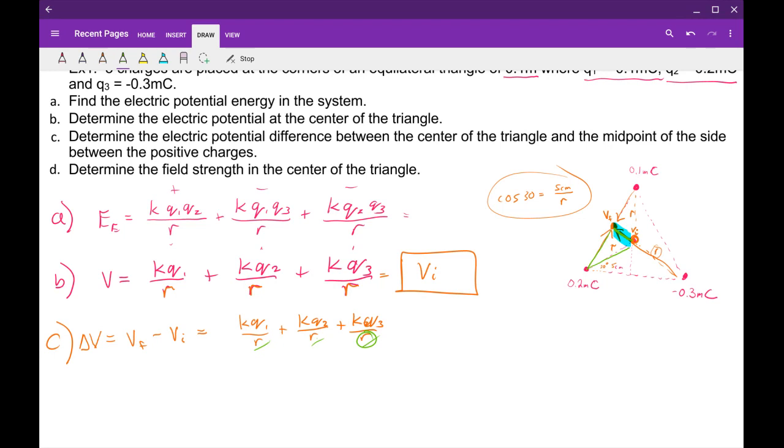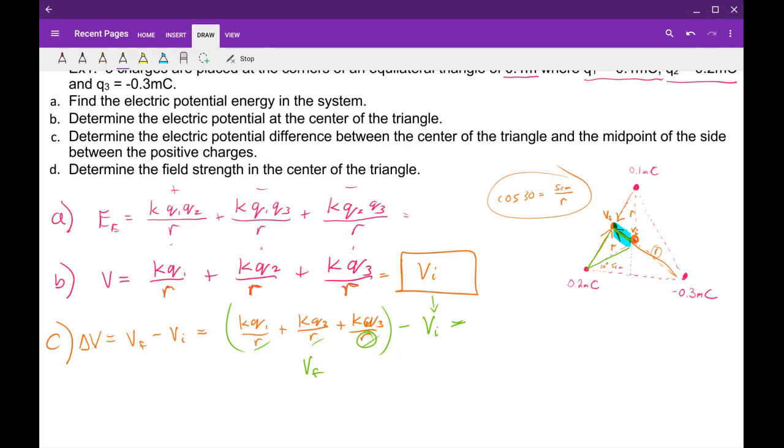Okay, this would be V final, right? And then you would subtract from it V initial, which would be this answer up here, and you would get some number. Now, conceptually, what is that number?